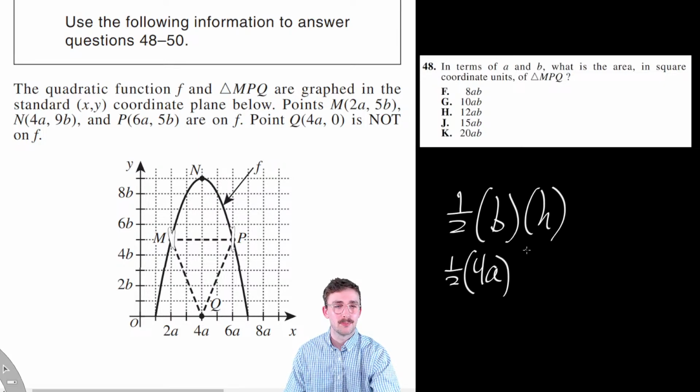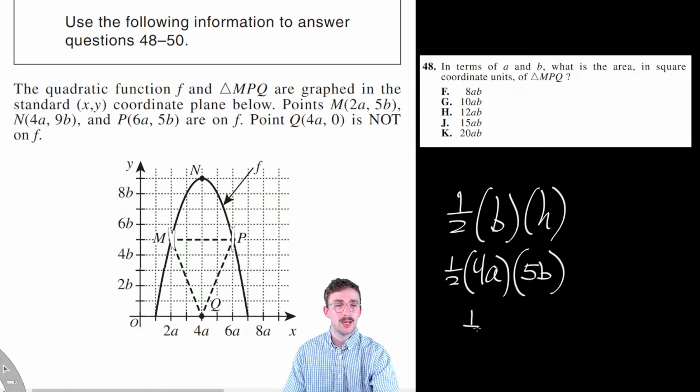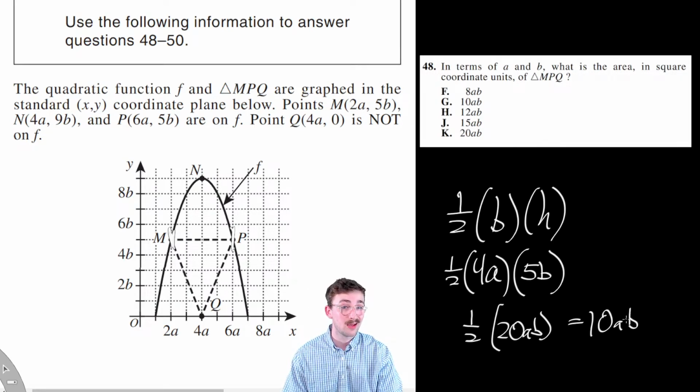We're taking a 4A into math tonight. 4A. The height is going to be from 5B down to 0, so 5B. So that's 1/2 times 20AB, which is going to be 10AB. Not that hard of a problem, but they're trying to mess with you with that A and B thing. And I don't know, maybe I made a silly mistake along the way and I'm oversimplifying it, but that would be G.